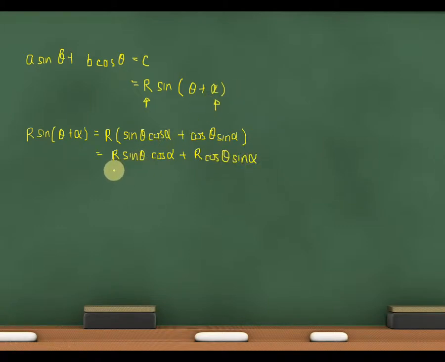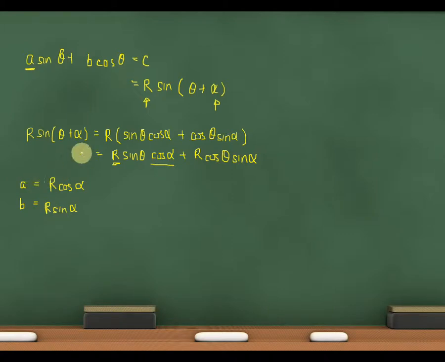From here we have to compare coefficients. First term, this A we need to find. It is with cosine theta, so A will be R cosine alpha. This is by comparing coefficients. Pretty simple. Likewise for B, since sine theta is already there, the rest will be B. R sine alpha will be B.